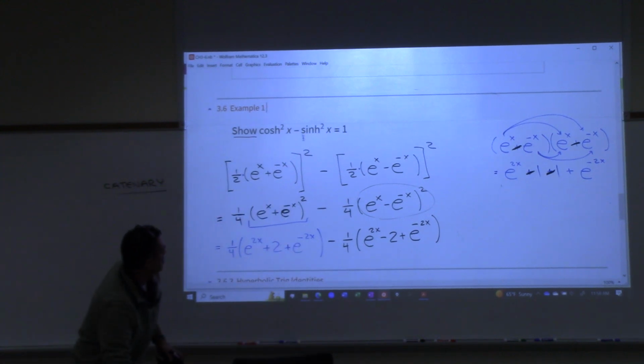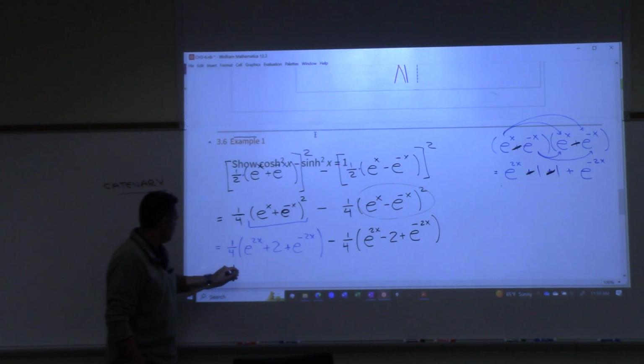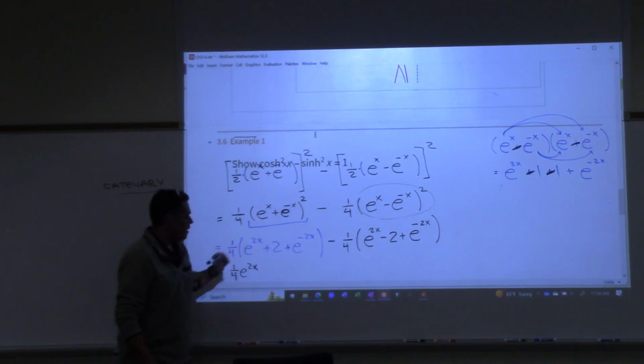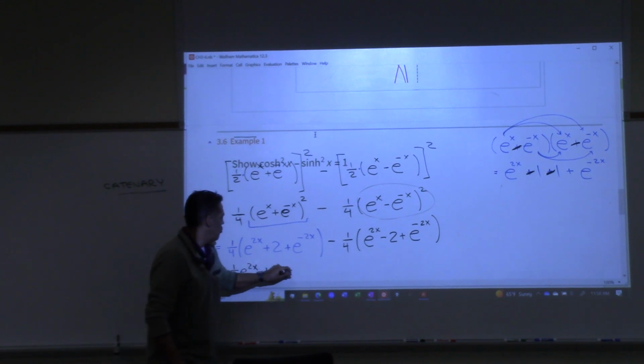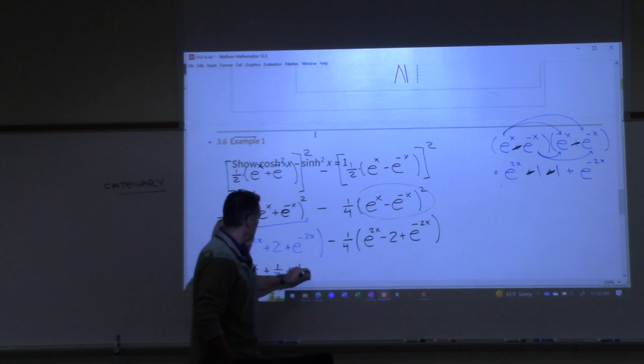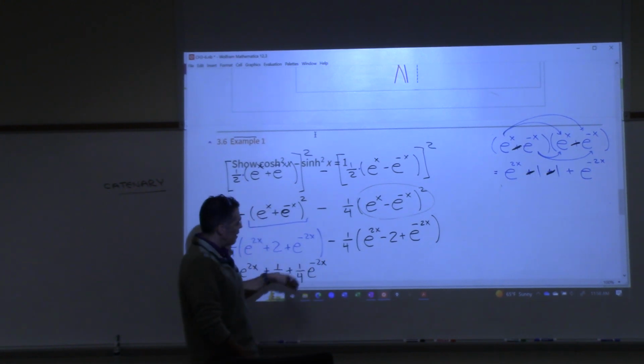And I'm going to scroll a little bit so that I can have a little bit more space down there. So when I distribute 1/4 through, I get 1/4 e to the 2x. A fourth of 2 is a half. And then 1/4 e to the negative 2x. And I'm done there. And then I keep going over here.